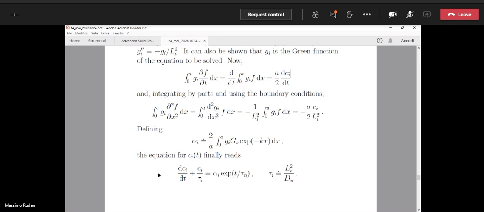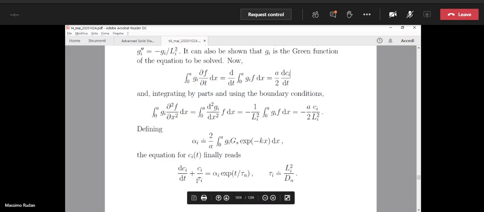So we have to solve this equation once for each index I, but all equations have the same aspect. And it is a first order equation in the unknown Ci, and Ci is the coefficient of the Fourier expansion. So we have solved the equation by series.